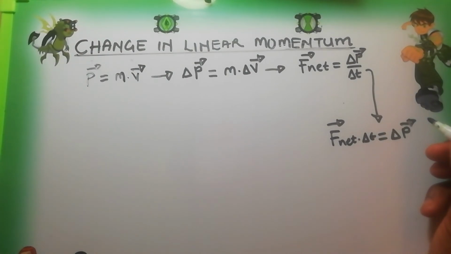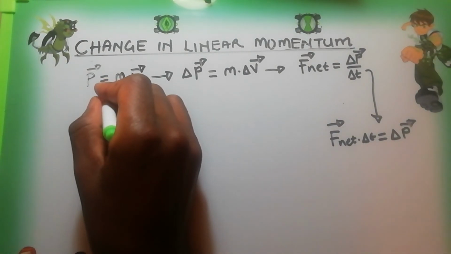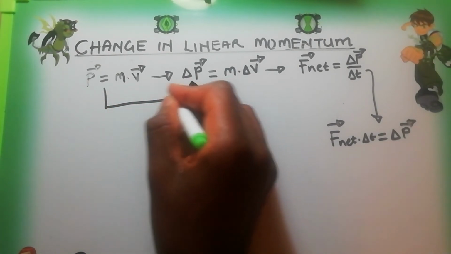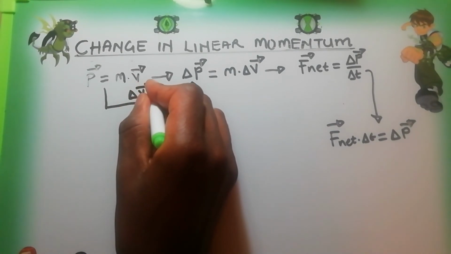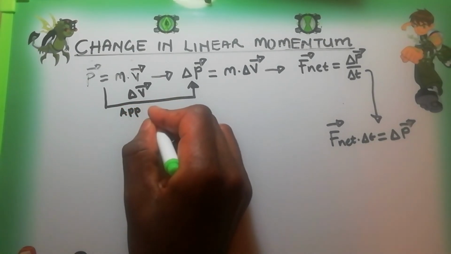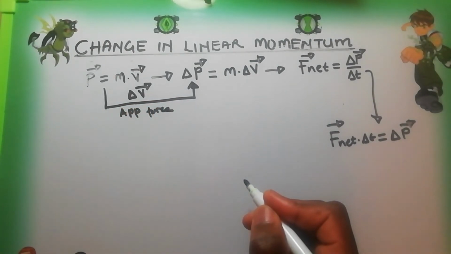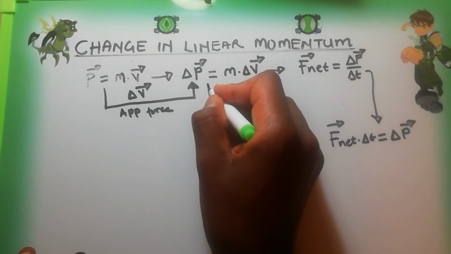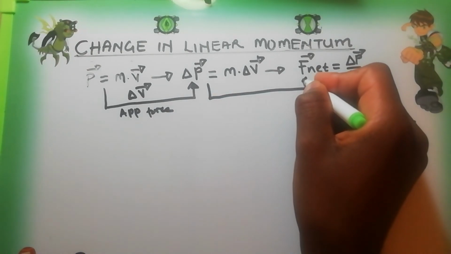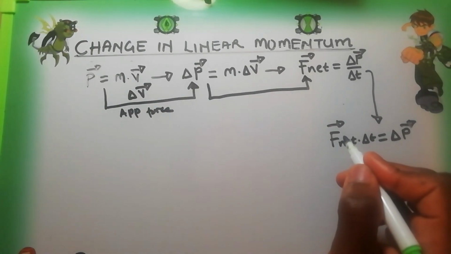And so you can see that there is a link between these formulae. From this formula of momentum to this formula of momentum, you have to change the velocity, or you need to apply force on an object. And from this formula to this formula, how are they related?